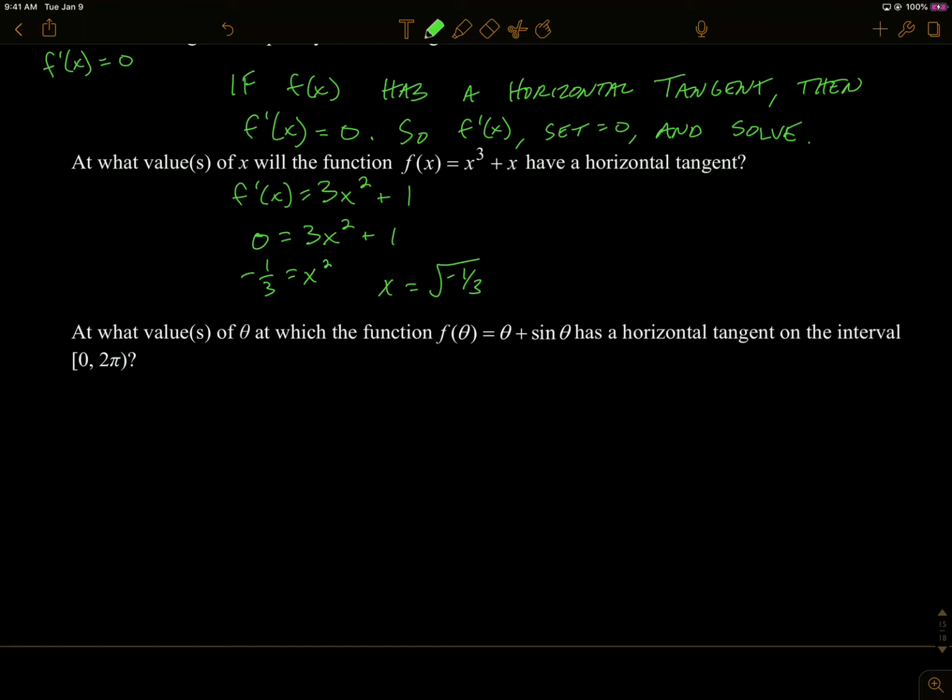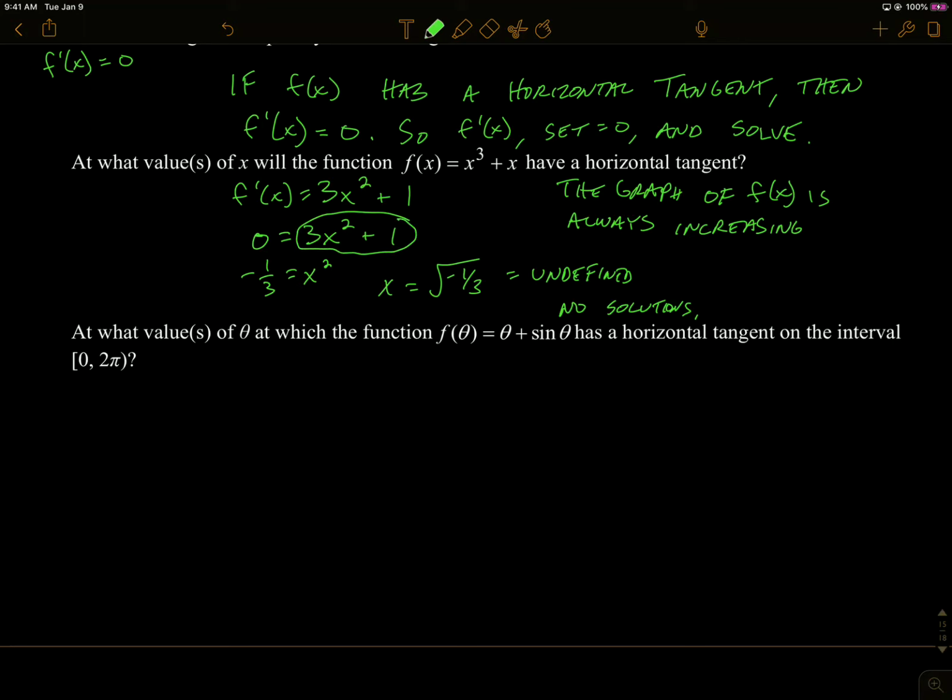There are no real solutions, right? Because that's undefined. So no solutions. So what you say is the graph of f of x is always increasing. We don't really need to add that part because they didn't ask about that, but I wanted to point that out because the derivative is always positive.